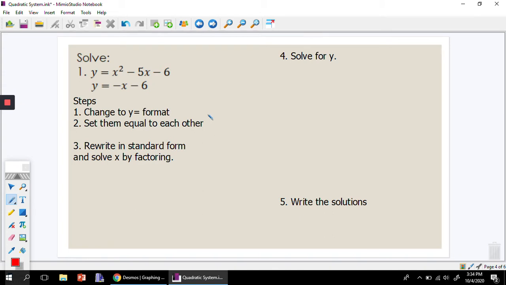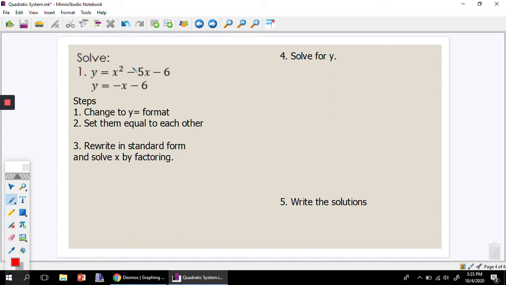y is equal to x squared minus 5x minus 6, and the other equation is y equals negative x minus 6. As you can see, you have two equations. One is quadratic, because the exponent is 2, and the other is a linear equation, where the highest exponent is 1.